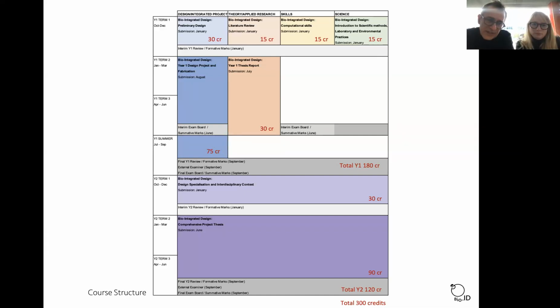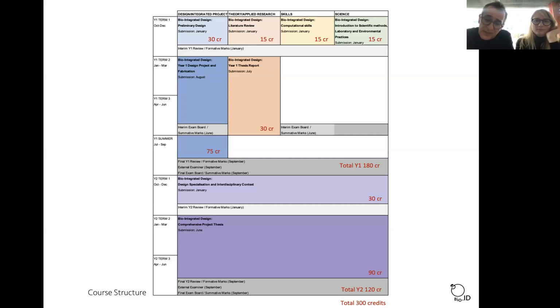Now, in this second year, the first term is pretty much an introduction to the main project. And there's also running in parallel to a specialization that students go through. So students have done a lot of interdisciplinary work in the first year. They have tried out many things. And then the first term of year 2, they want to specialize, they want to focus.